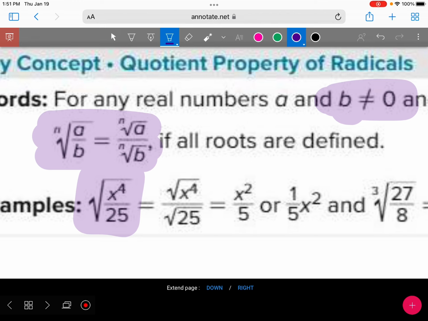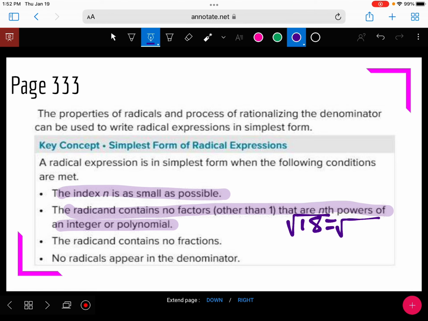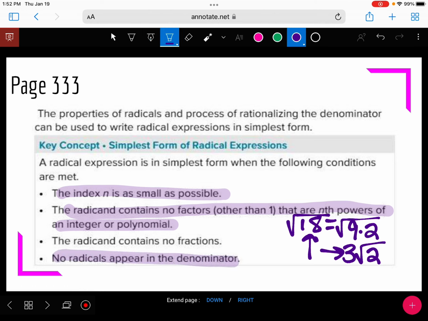What perfect square multiplies to 18? 9. 9 times 2, so this is the same as 3 times the square root of 2. We never want to leave it in this form. We always want to simplify it as much as possible, and we always want there to be no radicals appearing in the denominator. Cool?